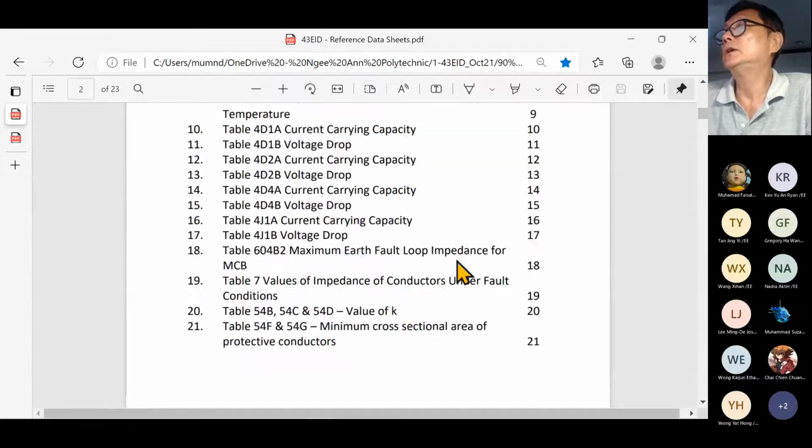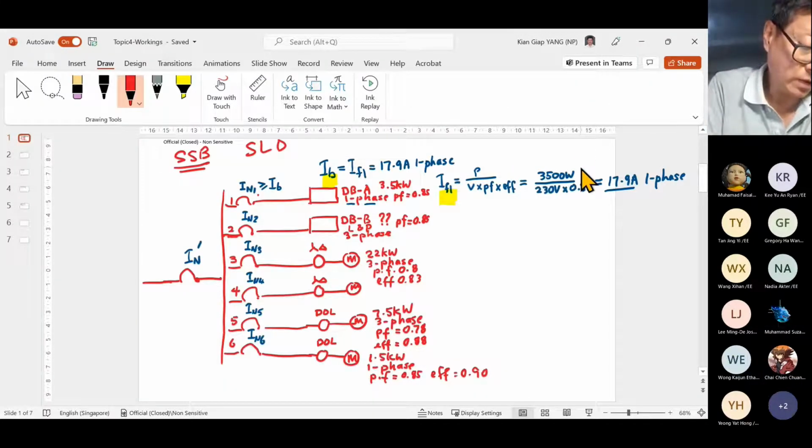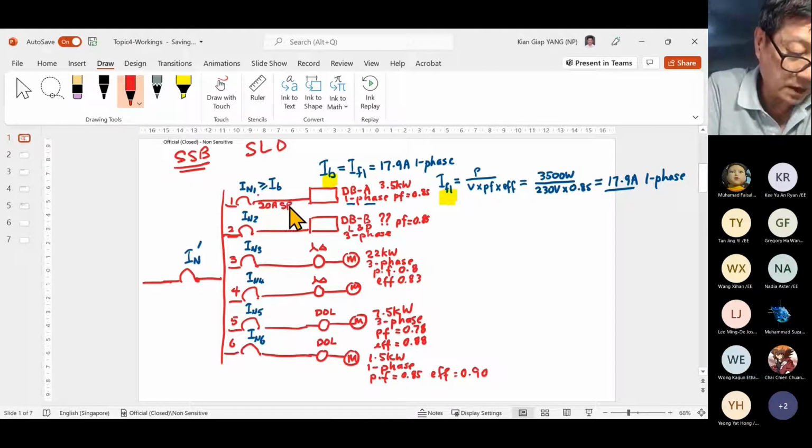If you turn to the circuit breaker time current curve, can you see all the numbers here? Just now 17.9 ampere, right? So which circuit breaker should I choose? 20 amp. Right? So I can choose 20 ampere rating. And because this is single phase, I choose SPN, single pole neutral MCB.